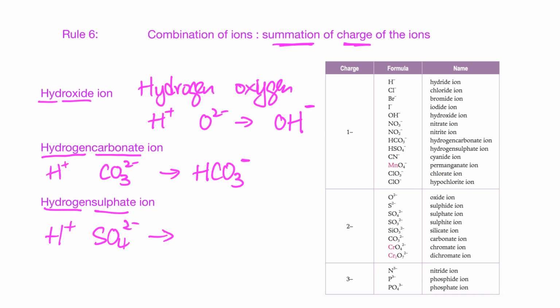So when you combine, you have HSO4 1 negative. By doing so, you can solve this one. Combination of ions. By basically doing this, we can also more easily memorize 3 other ions.